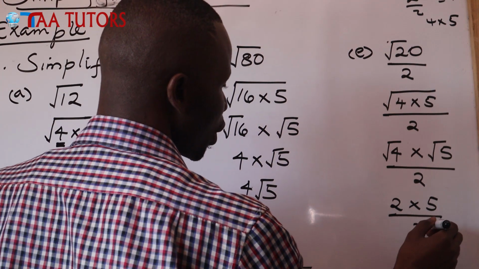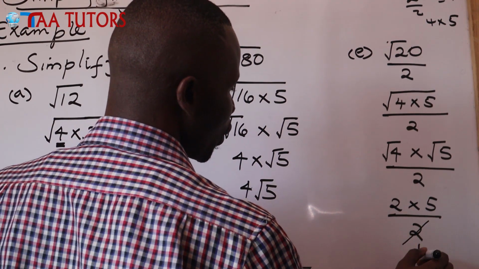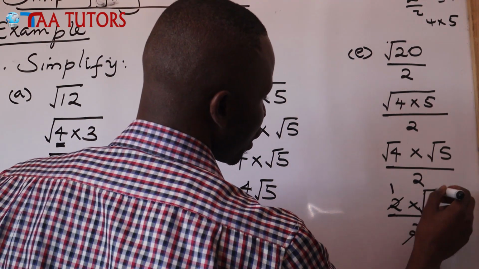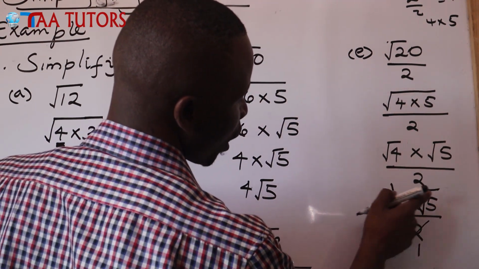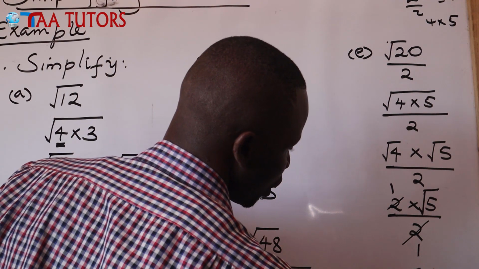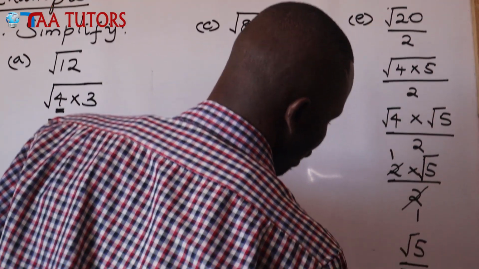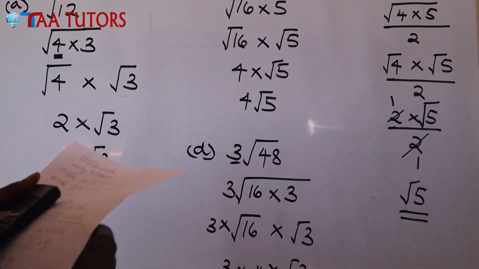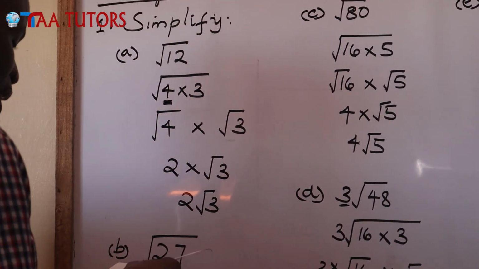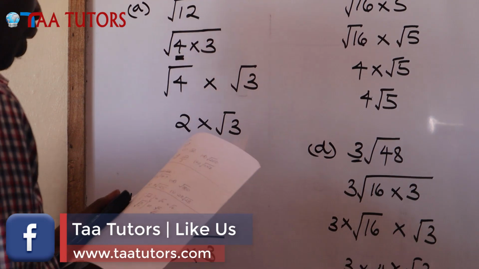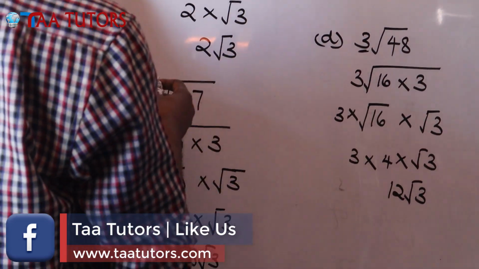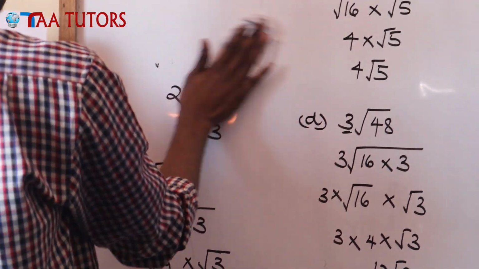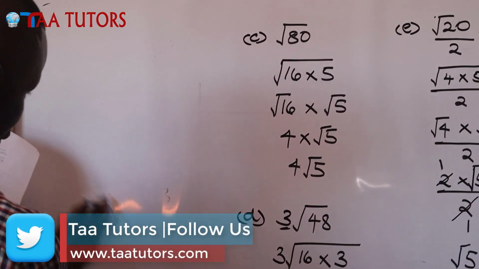But we know that this 2 goes into this 2 one time. So 1 times √5 will simply be √5 as the answer. So viewers, that is how you deal with these particular cases. And let's move to another part, part F.